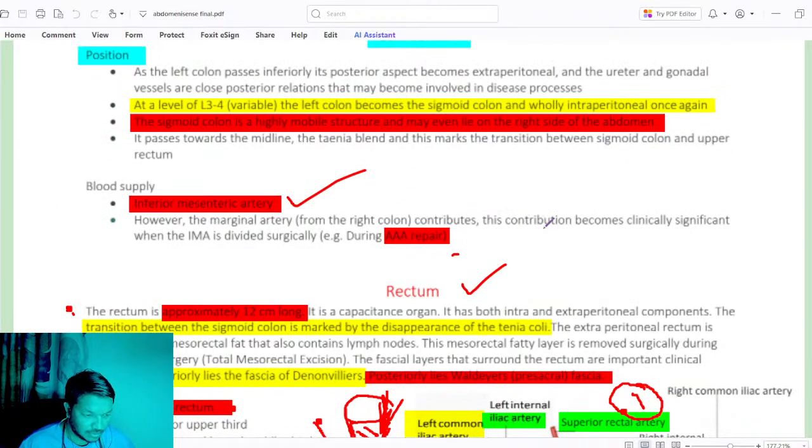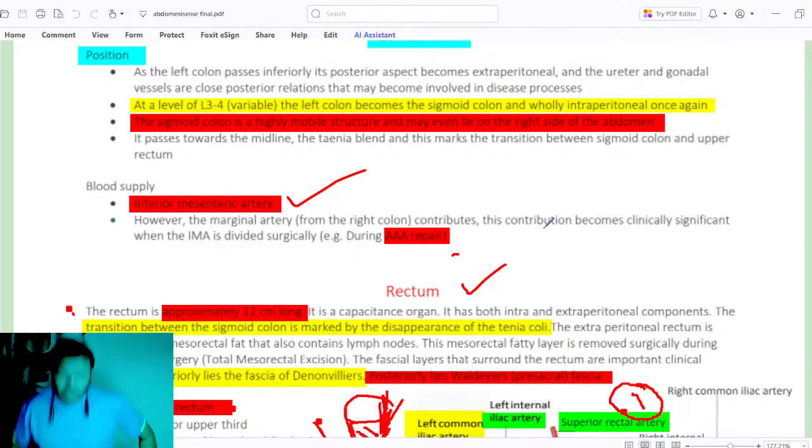Anyone from you, could you please repeat the blood supply of the rectum? Always make it a habit: whenever you say any blood vessel, try to say its origin. Superior rectal artery, branch of.